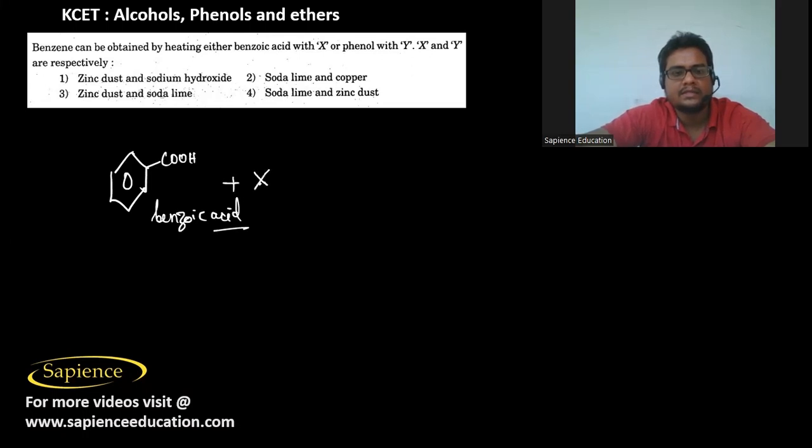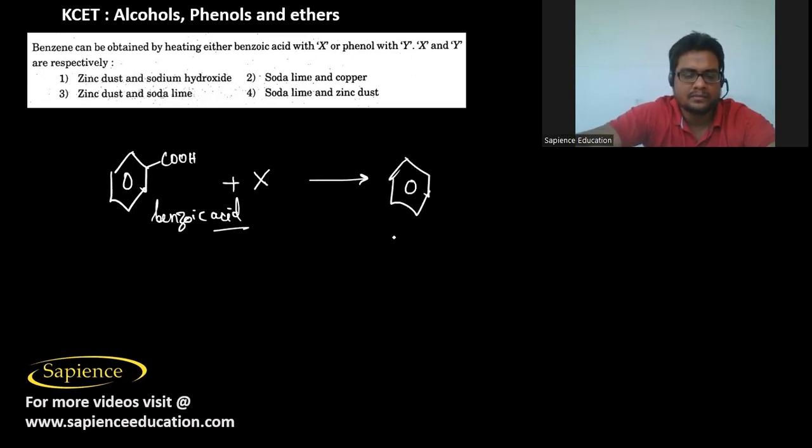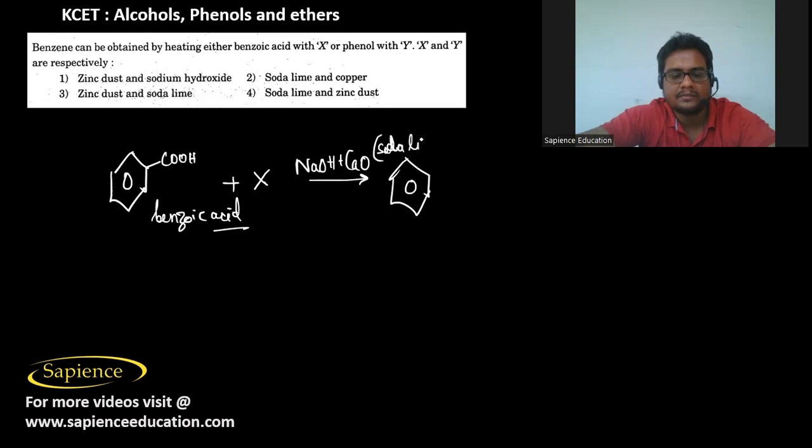That reacts with X to form benzene. So it should react with NaOH plus CaO, which is sodium hydroxide and calcium oxide, also called soda lime. And here it is called a decarboxylation reaction. It means that it will remove CO2 and produce benzene.